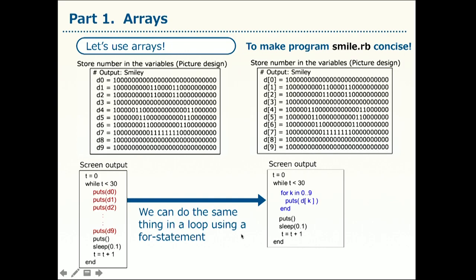When an array is used in this way, the previous program on the left side becomes the one on the right side. Note that 10 puts commands can be written more simply in this way, by using a for statement. Of course, it doesn't help when you design a picture and put the numbers in the variables. You just have to write this part. But the subsequent output to the screen, for example this part, can be stated much more simply.